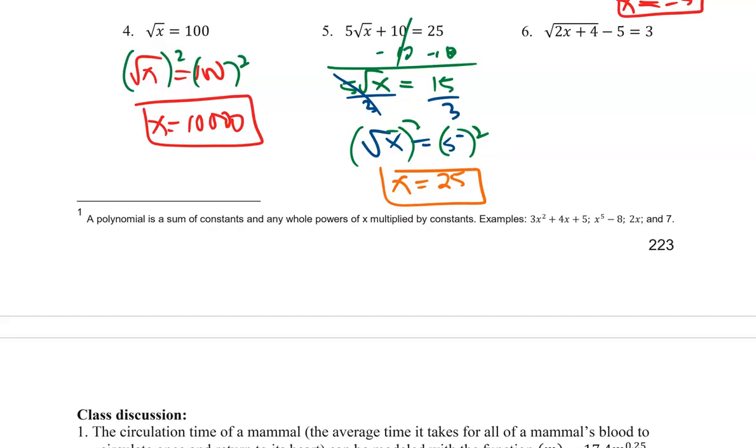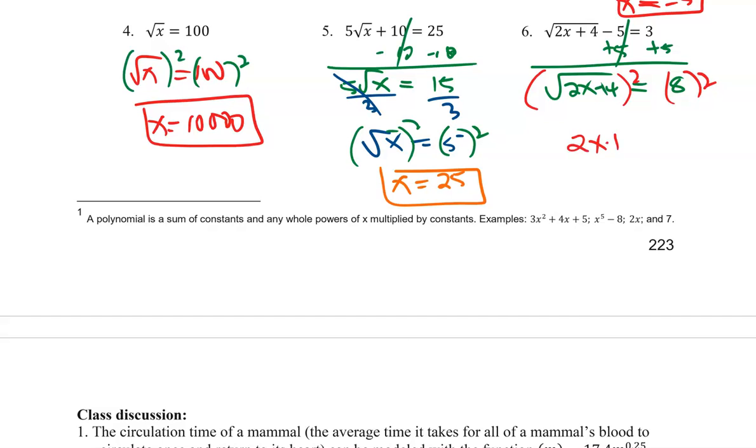Now number 6, square root of 2x plus 4 minus 5 is equal to 3. So we add 5 to both sides. So the square root of 2x plus 4 is equal to 3 plus 5, which is 8. And then again, we square both sides, so that 2x plus 4 is equal to 8 squared, which is 64.